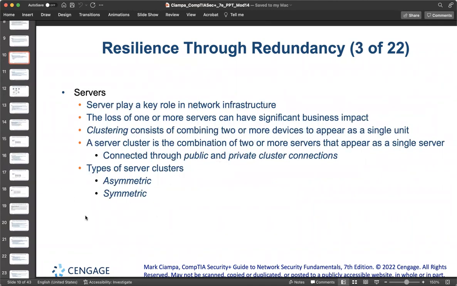More important ones are servers, right? And those who provide specific services to the network. Servers themselves play the key role in the network infrastructure. Without them, your network is not working. Loss of one or more servers can have significant business impact, as we discussed, financially or reputational or anything.